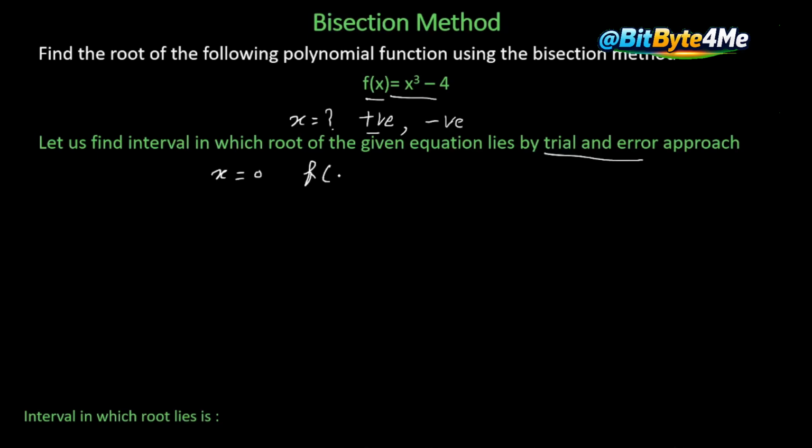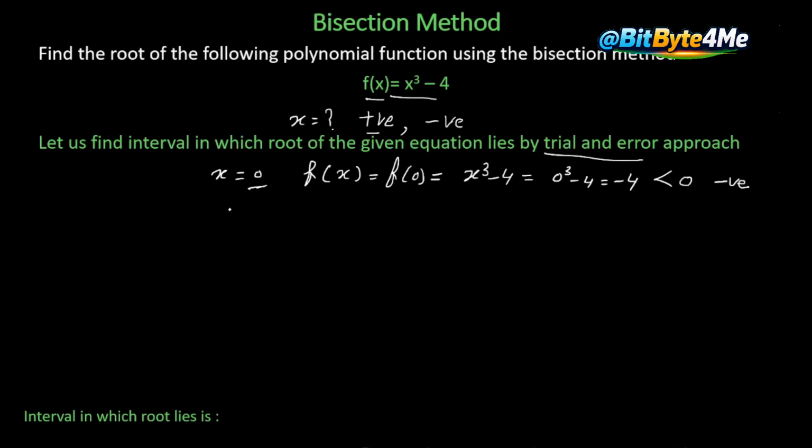What we will find is f(0), that is x³ - 4, which becomes 0³ - 4, that is -4.